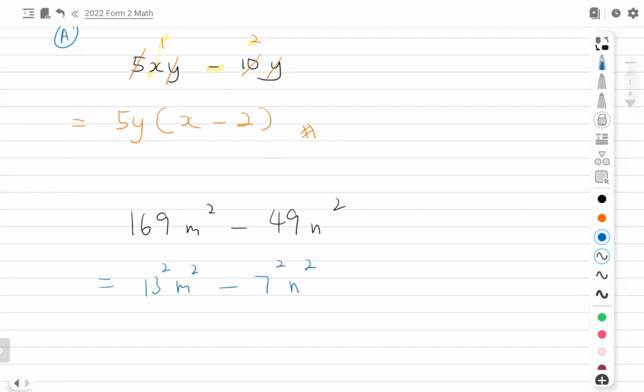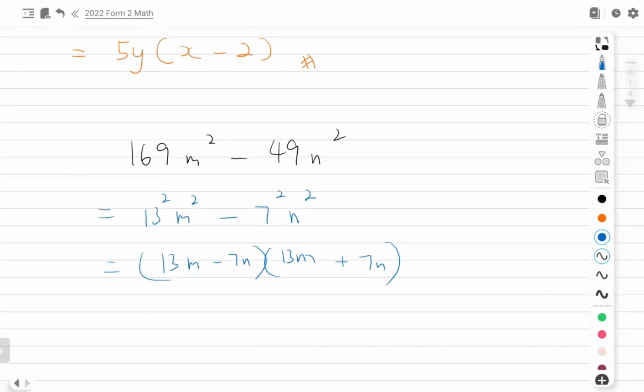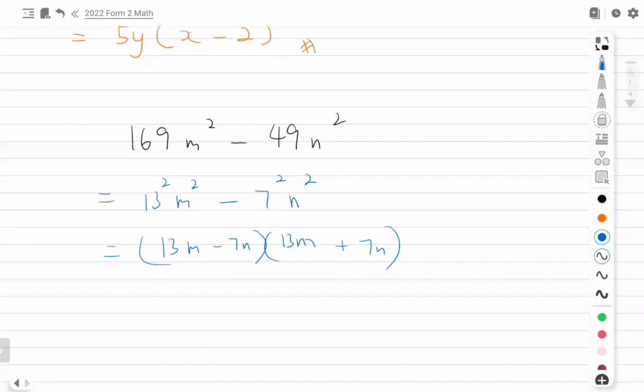When all got square, you write down 2 brackets first, then insert the signs, 1 positive, 1 negative. For a perfect square, when you want to factorize, just copy the number and the letter only. The square has changed to 2 brackets. Done. So this is type B. When you notice the numbers are perfect squares, then you change it.